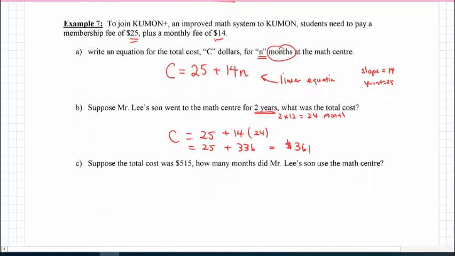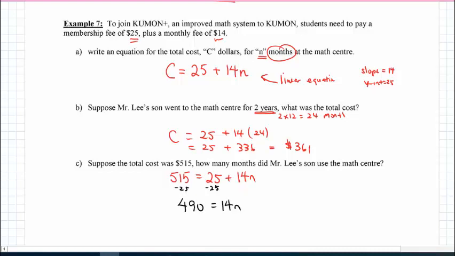And if the total cost was $515, how many months did it actually go? Or did my son actually go? So now I'm saying take $515 and make that the cost. And this time you need to solve for the number of months, which is n. And so to do this, hopefully you remember the algebra skills you learned from Math 9. I'm going to subtract 25 from 515. 490.